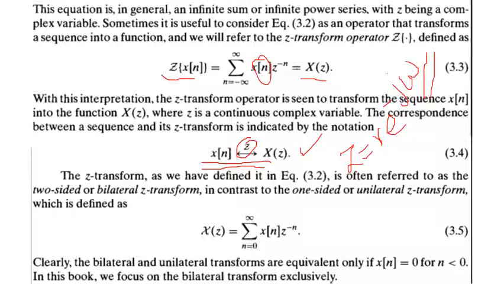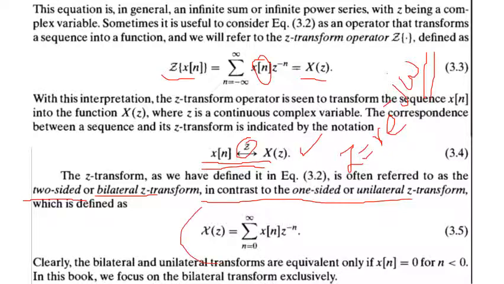Now Z-transform can be defined in two ways. Either the Z-transform will be two-sided or bilateral, in contrast to one-sided or unilateral Z-transform.